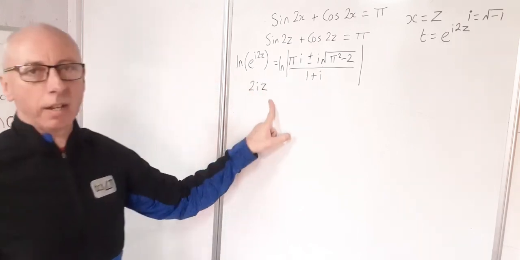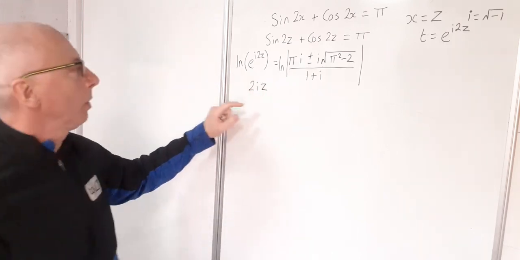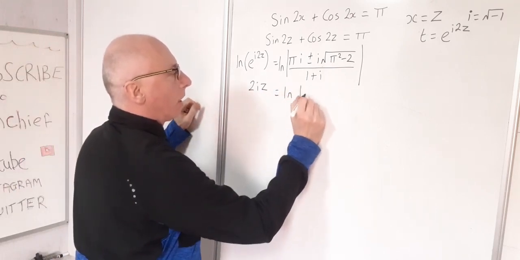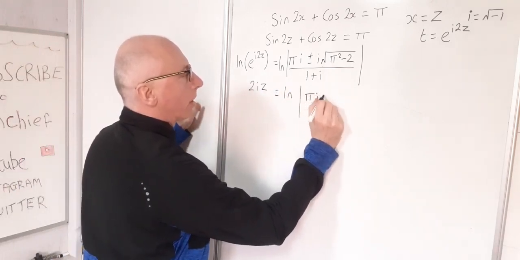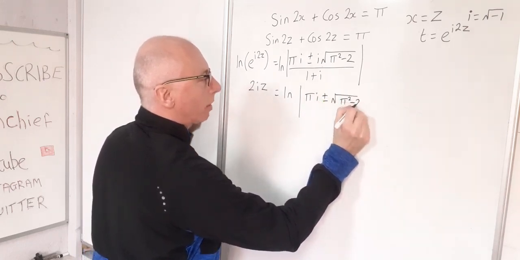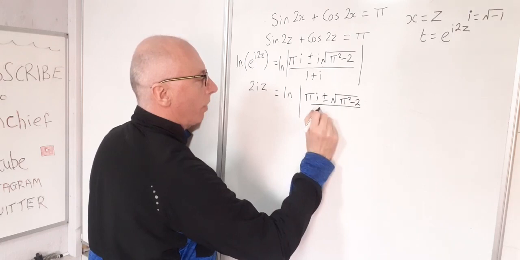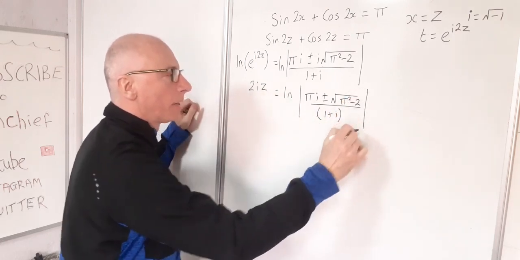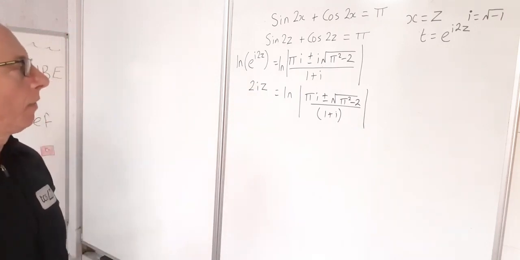So I'm going to write it in that format with a constant in front of my variable. And that equals the natural log of pi i plus or minus square root pi squared minus 2 over, let's put that in a bracket. So that's nice and tidy in there. So that's where we're up to so far.